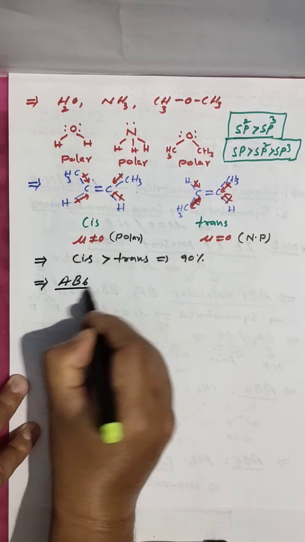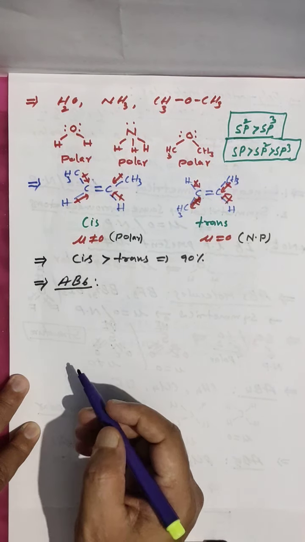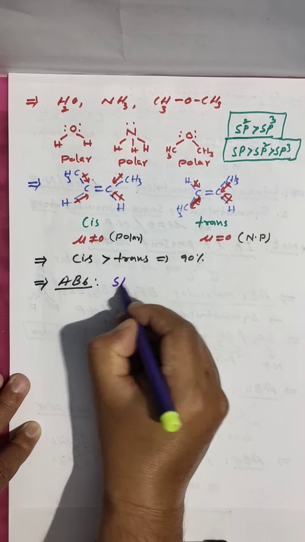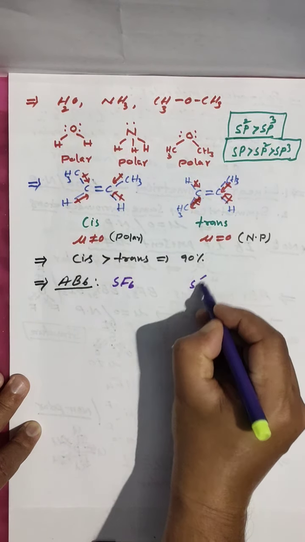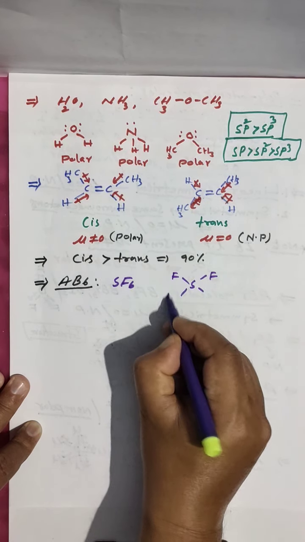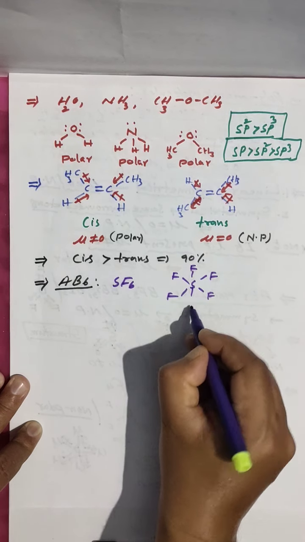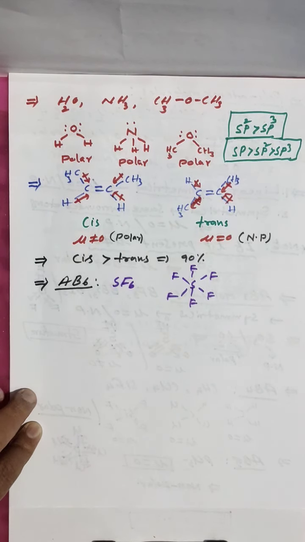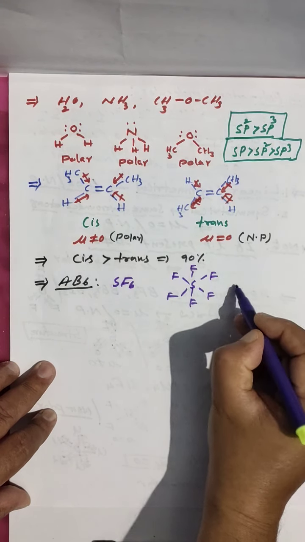Now you go for AB6 type, like SF6. Sulfur is bonded with 6 fluorines. Octahedral, all are cancelling out.